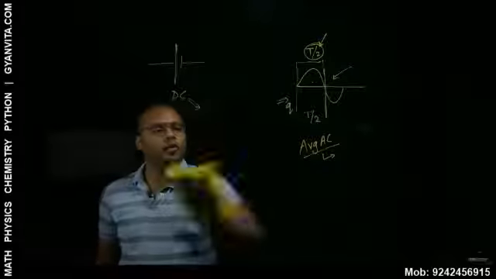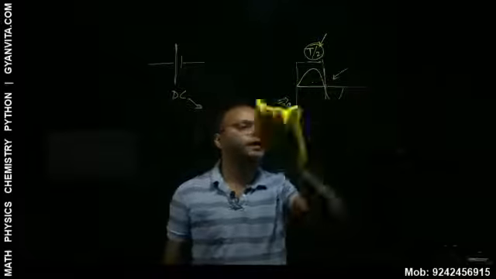So we cannot calculate the average AC directly because the average here will be 0. So it is calculated based on the charge. The charge which is developed in the half cycle of AC, the same amount of charge we have to develop in the DC circuit.